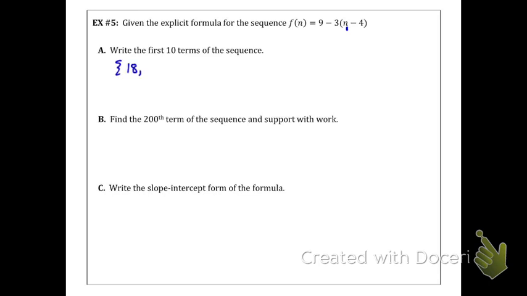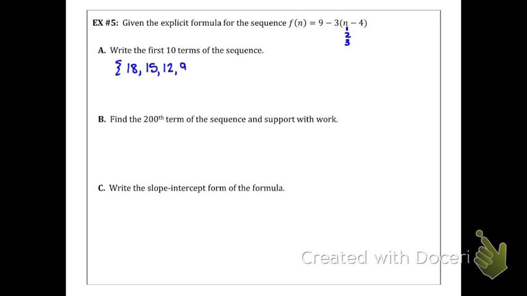And then when I plug in a 2, 2 minus 4 is negative 2 times the negative 3 is 6, plus the 9 is 15. When I plug in 3, 3 minus 4 is negative 1 times the negative 3 in front is 3, plus the 9 is 12. And so I can see here my difference is subtracting 3.